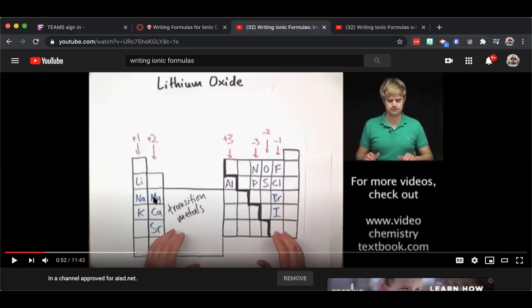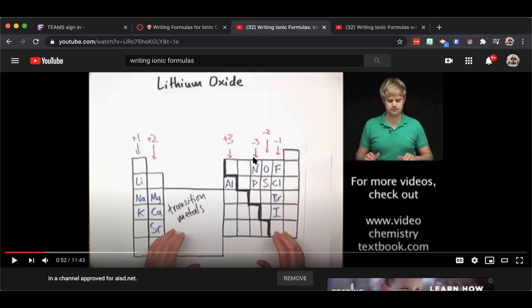You don't even need to label all the elements if you don't want to, but at least try to label group 1 as +1, group 2 as +2, and then leave a space, skip for the transition metals, group 13 is +3, and then we leave 14 blank because a lot of times the things in there are either tin or lead, or some of the ones up here are nonmetals and they mostly form covalent compounds, so we don't really label that one. But then group 15 is -3, group 16 is -2, group 17 is -1. Those 6 groups, you need to know their charges, okay?